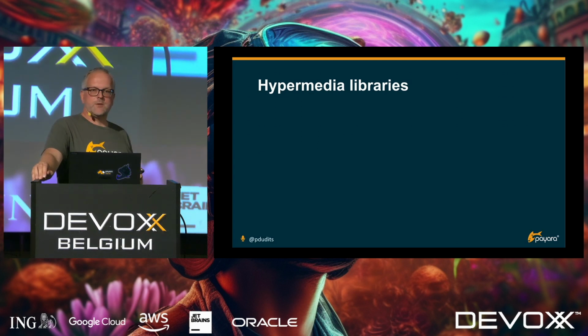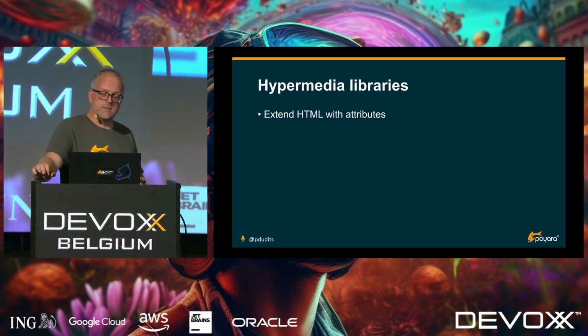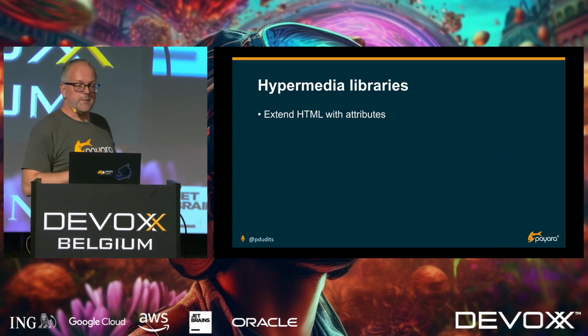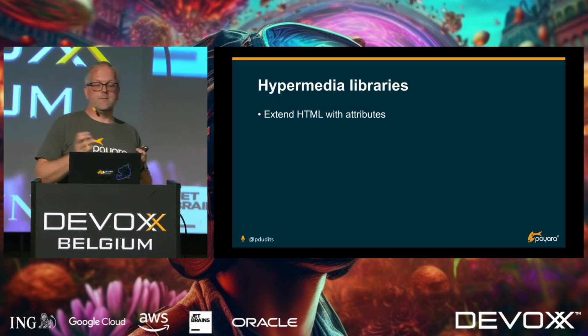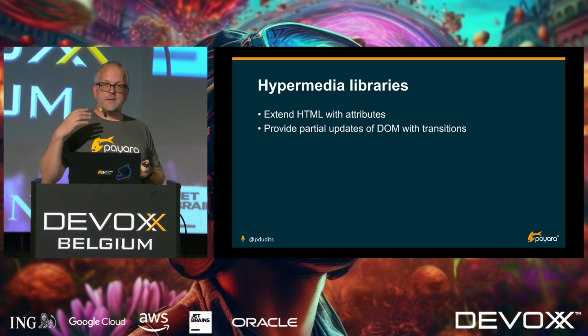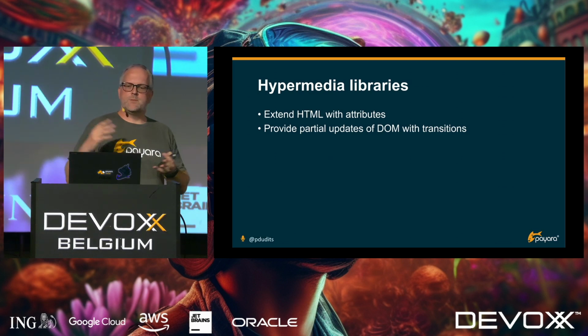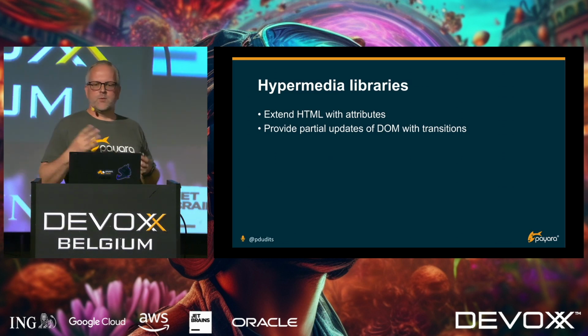In the remaining time, I want to speak to you about two hypermedia libraries, which are backend agnostic. So it doesn't matter if you are using Jakarta EE, Spring Boot, if you are using Java at all, because they are just a simple thing you put on top of your HTML, and they extend your HTML with some extra attributes that will allow you to do partial updates, because our problem is that we are losing all of the view state when we do a regular request that expects HTML back. So we'll just do partial updates.